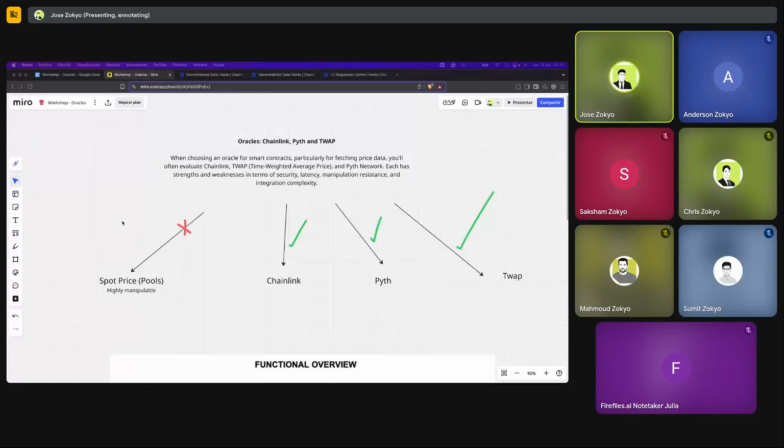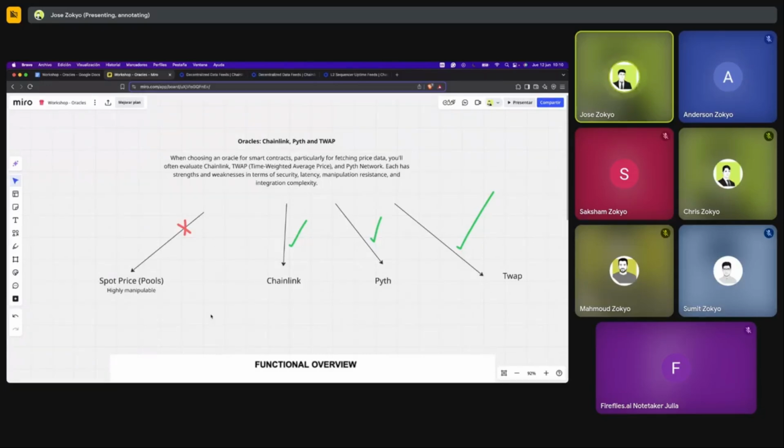And something to mention here is that I have been finding or seeing on Twitter or any other site developers who know that spot prices can be manipulated, so they first implement a check within the smart contract to check if the spot price is manipulated or not.